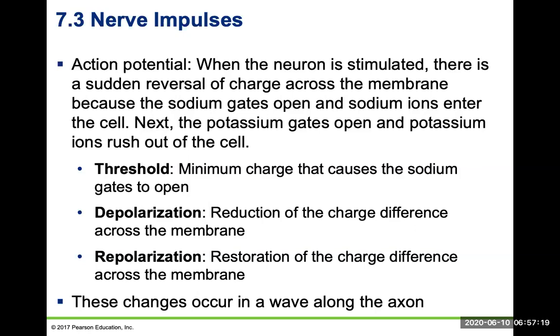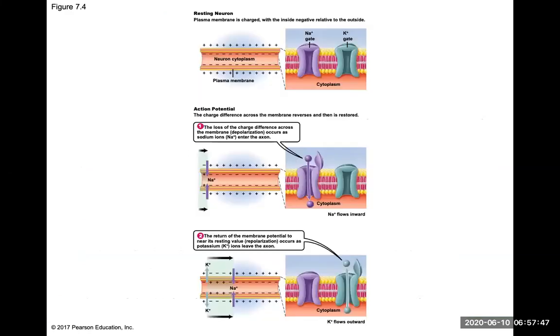And this reversal of charge across the axon membrane is what passes on a signal down the neuron. We call threshold the minimum charge that causes your sodium gates to open. Depolarization is the reduction of charge difference across the membrane, and repolarization is the restoration of charge back to resting across the membrane. And these changes can occur in a wave along the axon.